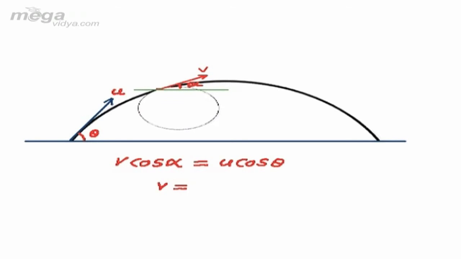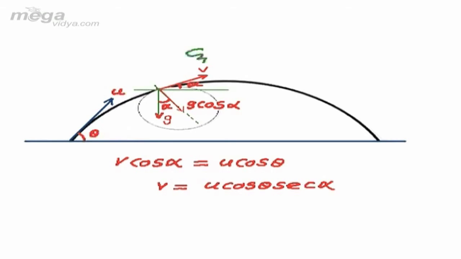If we take the component of this acceleration along the radial direction, it will become g cos alpha. And the tangential speed, we have already mentioned as v.